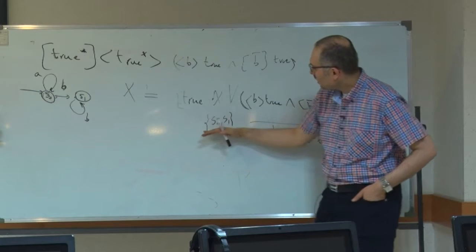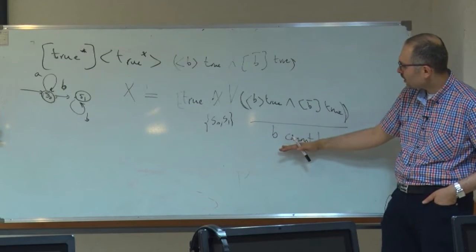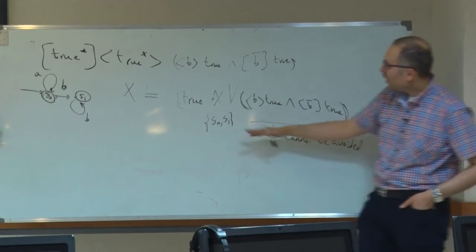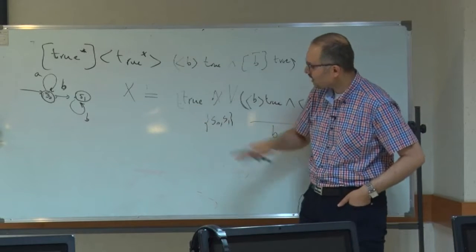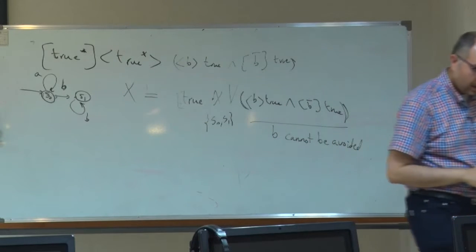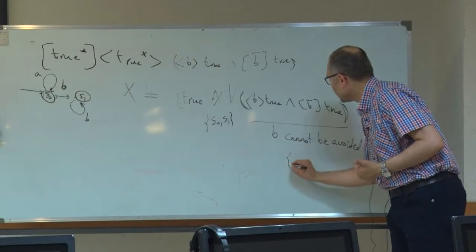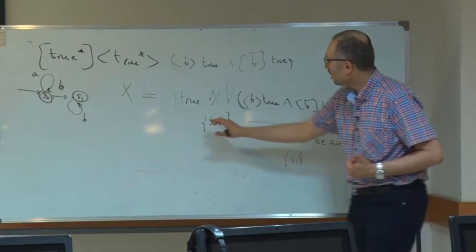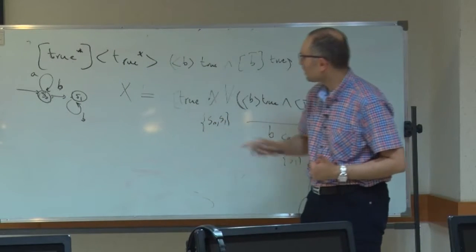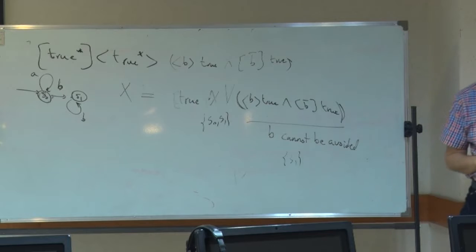In which states does it hold that either you cannot avoid a b, or no matter what you do, you end up in S0 and S1. Either you cannot avoid a b, which state is that? S1, right? Or no matter what you do, you end up in S0 and S1. No matter what you do, you end up in S0.